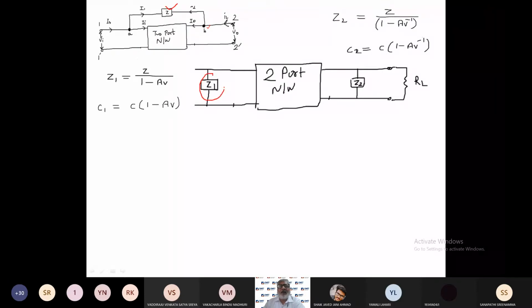One is Z1 and another is Z2. Okay, so Z1 at input side and Z2 at output side. Okay, right. So now what will be the value of Z1 and what will be the value of Z2?